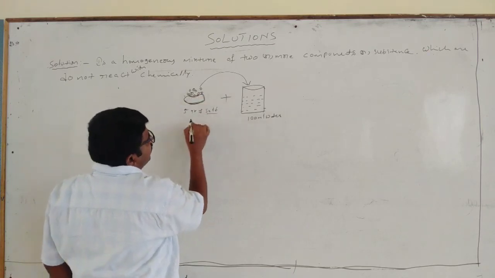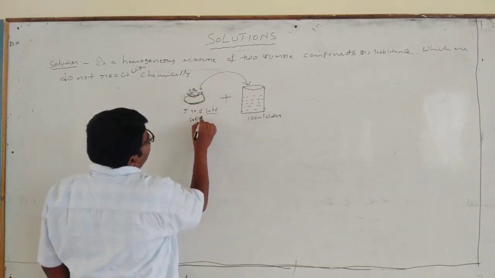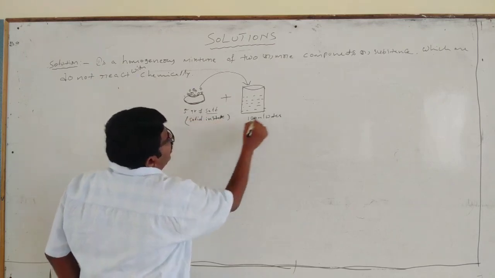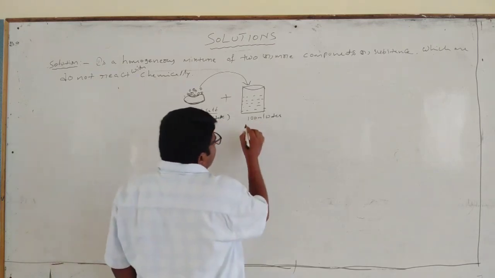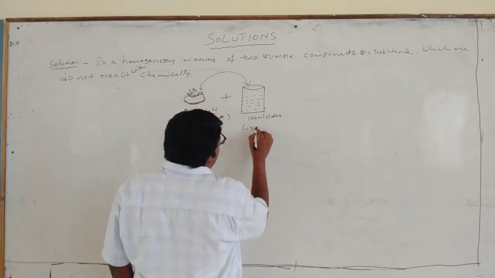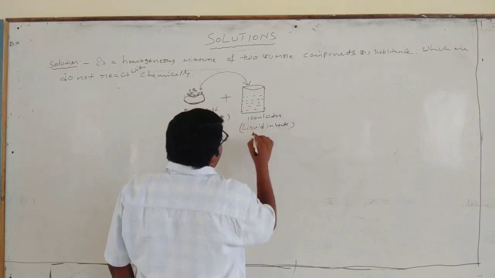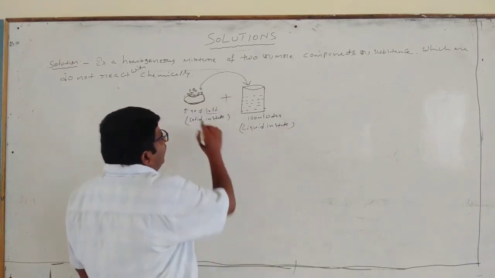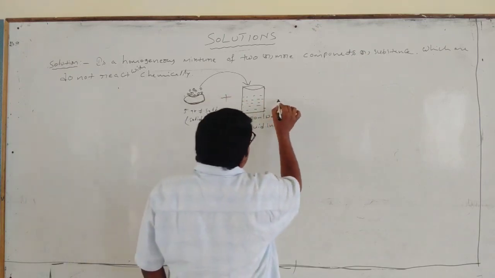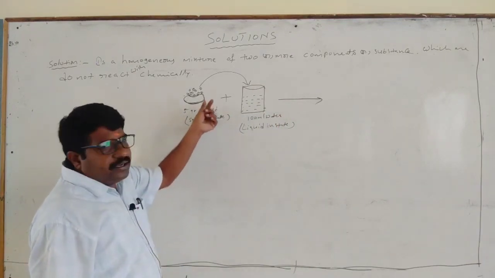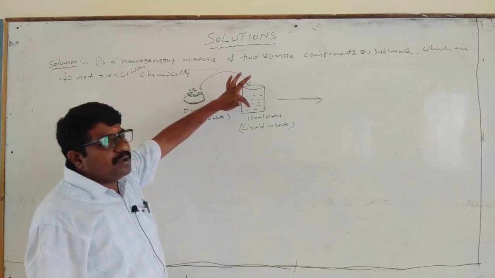Now salt is in what state? Solid state. And 100 ml of water is in what state? Liquid state. After dissolving, what happens? The solid salt dissolves in the 100 ml of water.